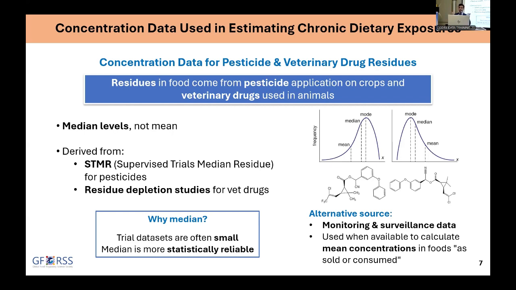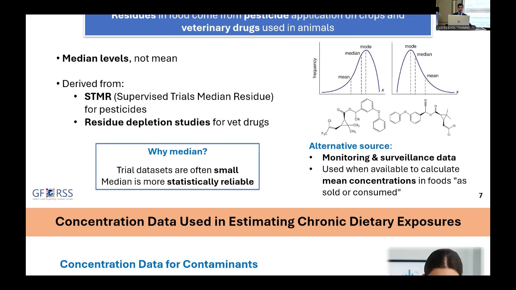So the main source of this occurrence data comes from the field trials. For the situation of vet drugs, those occurrence or concentration data come from what we call depletion studies. So we give the drug to our animal, then we follow up over time the depletion of this chemical in a targeted tissue, let's say in the liver, in the muscle, in the kidney, etc. So that's the source here in the case of residues.